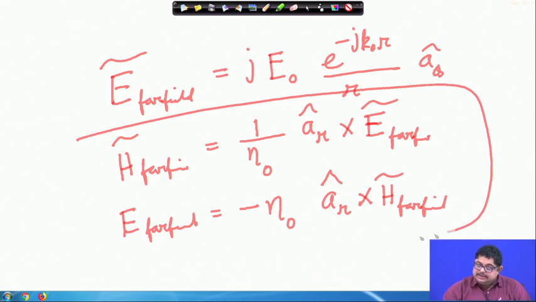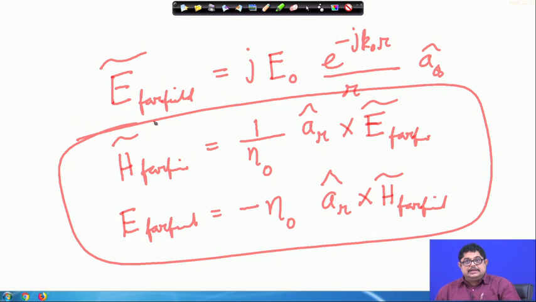So, this is another way: H far field is A r cross E far field, E far field is A r cross H far field. This shows that E far field, H far field and A r, meaning the direction of power flow, direction of wave, they are a right handed triplet.